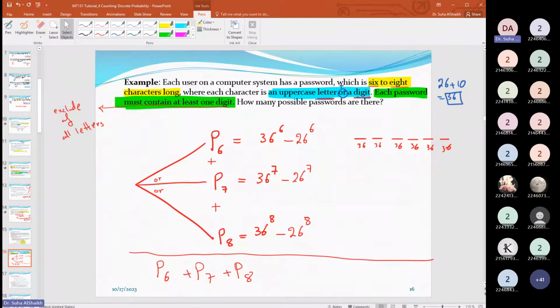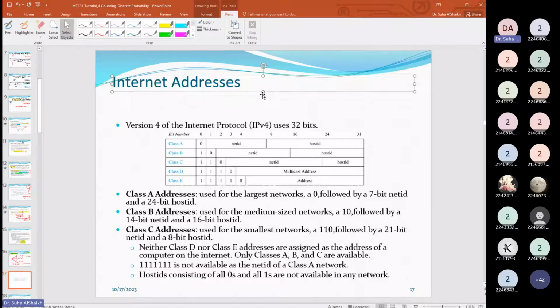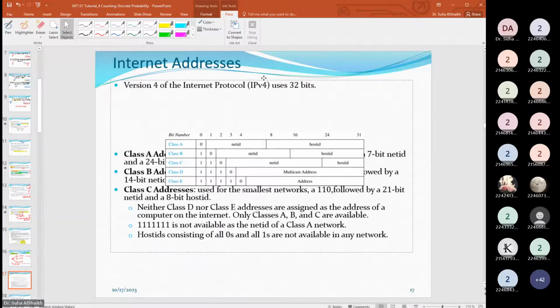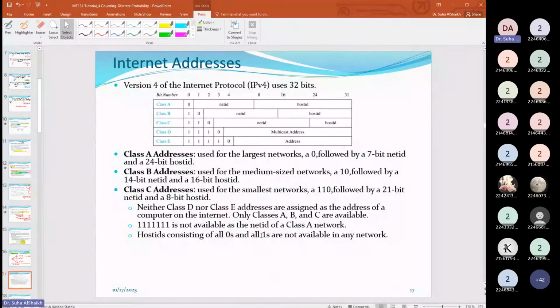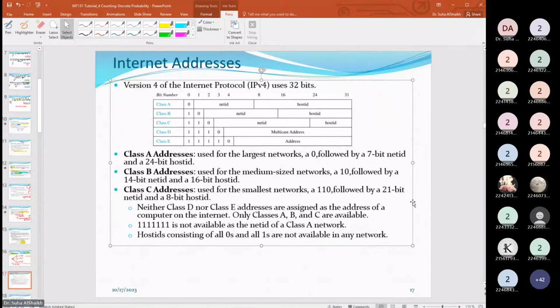Okay. Here we have this example. Let's give ourselves more space here. So what we have here is the internet protocol.